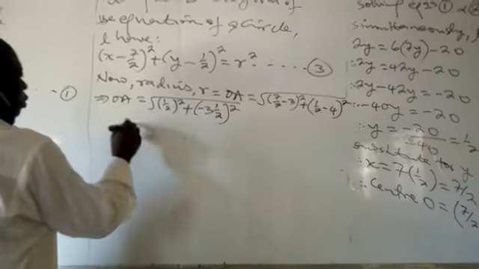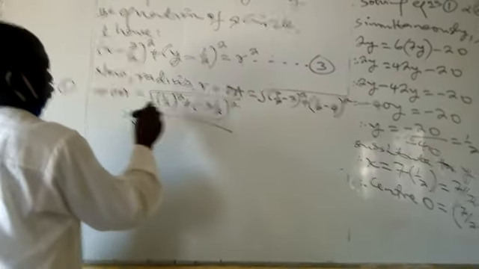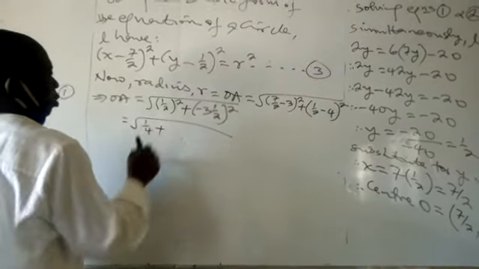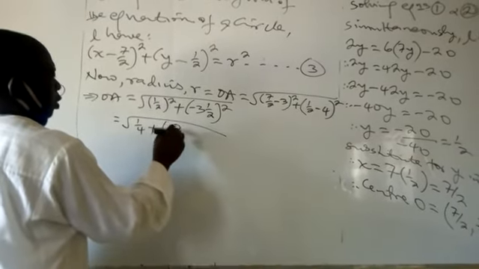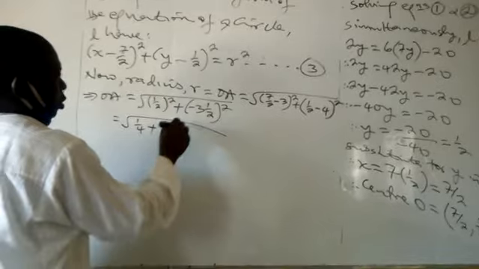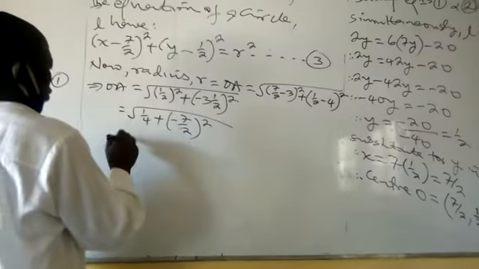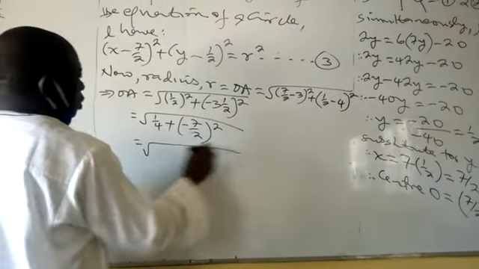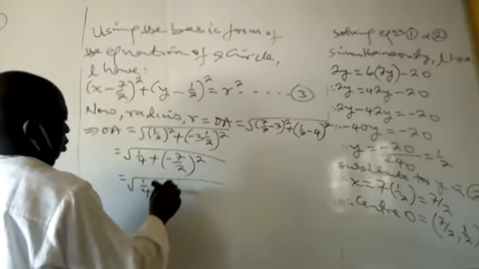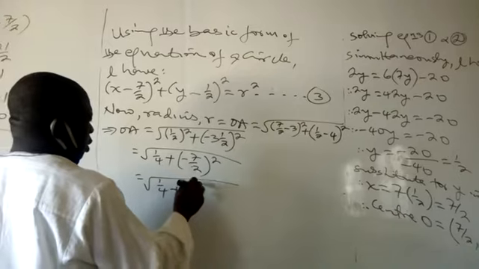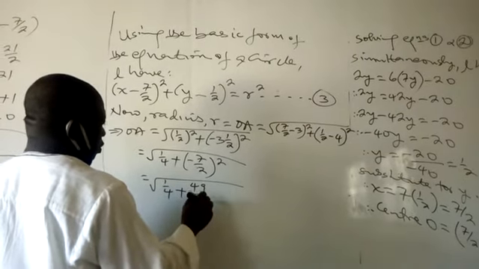So this is equal to the root of half square, which is 1/4, plus minus 7 over 2 square. So this is equal to the root of 1/4 plus 49 over 4.